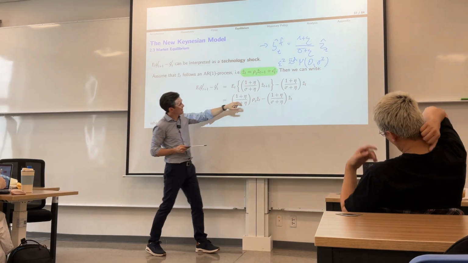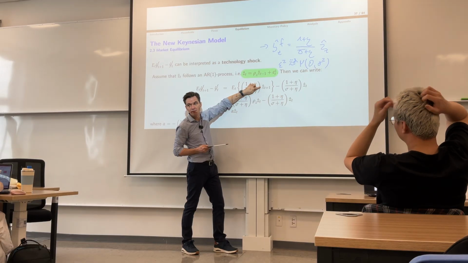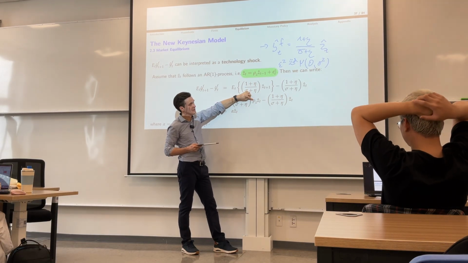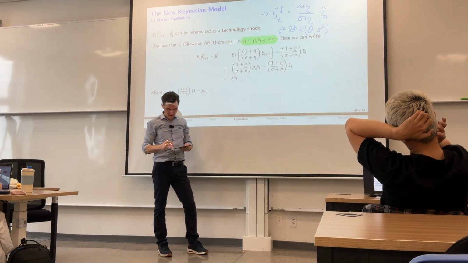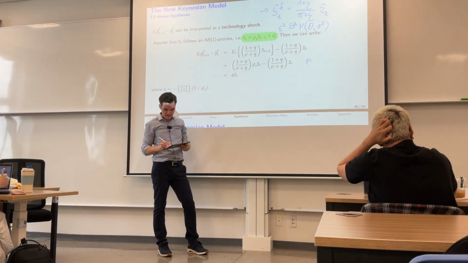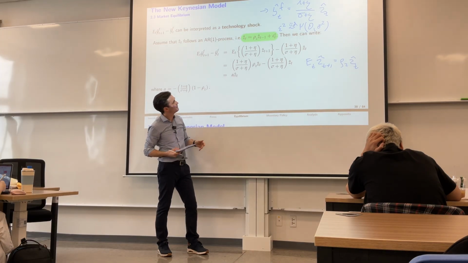And then the second line is realizing that the conditional expectation of Z_{t+1} is just rho_Z times Z_t. So that second step is that E_t of Z_{t+1} is nothing else than just rho_Z Z_t hat.